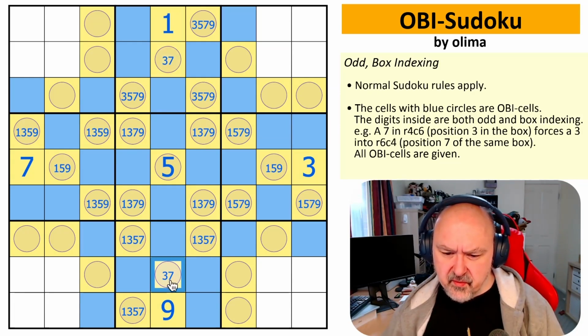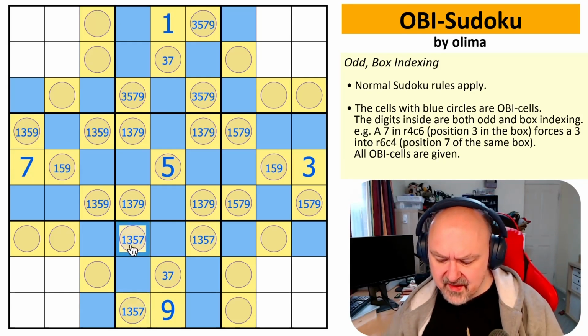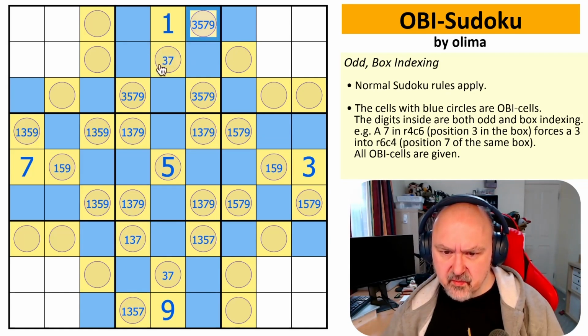So this is going to index one of those, which means that's not a 5, and that's going to index one of those, which means that's not a 5.